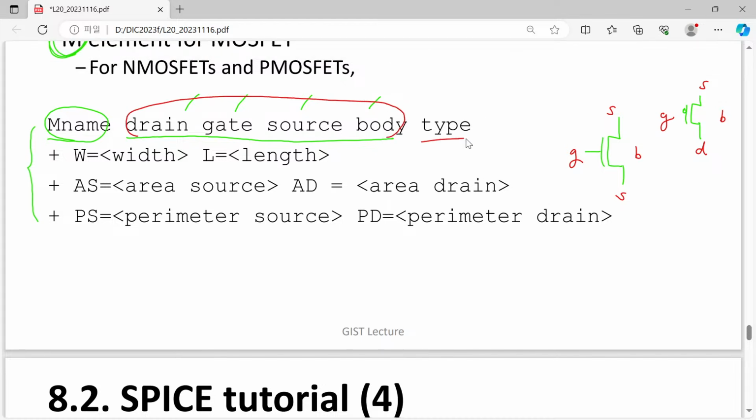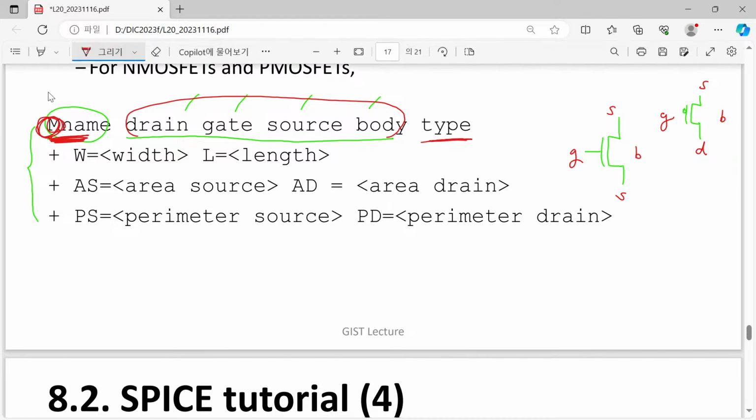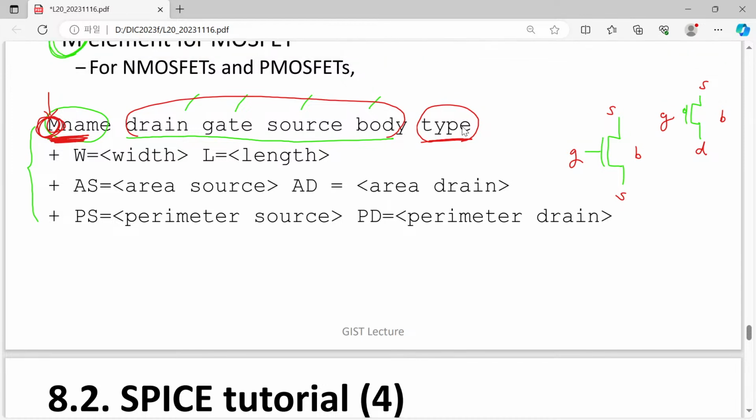And what is type? Oh, we have already studied this. M specifies that this is a MOSFET type. However, here type means a more specific type of our transistor. For example, it can be NMOS or sometimes PMOS, or it really depends on your specific technology.